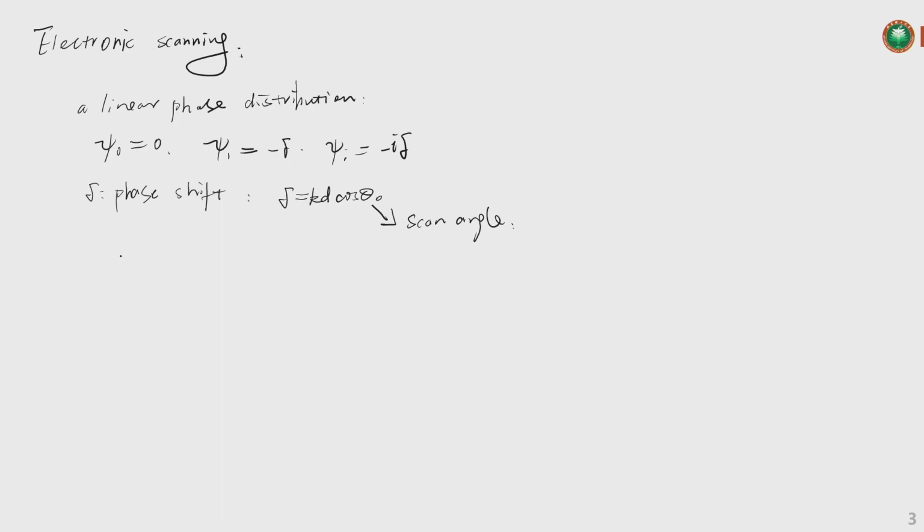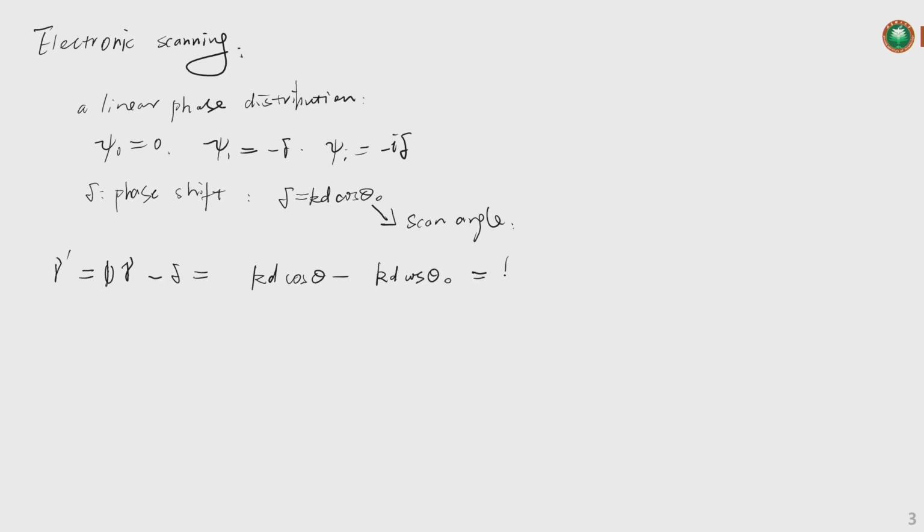Previously we set the expression for gamma. Now we relate it to gamma minus delta. So gamma is kd, or 2 pi d over lambda, cosine theta minus kd cosine theta naught.